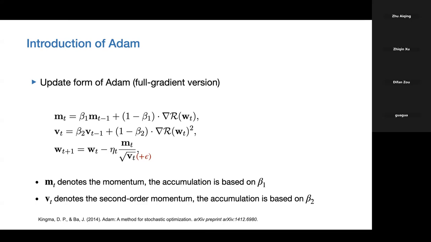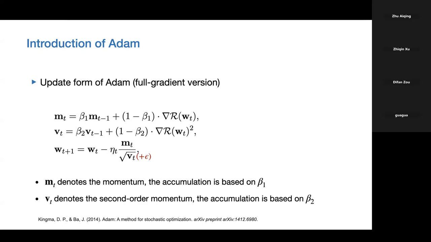The square is calculated coordinate-wise: we square all the coordinates of the gradient and then take an exponential average. After getting the momentum and the second order momentum, we use the second order momentum to normalize the first order momentum to get the update.